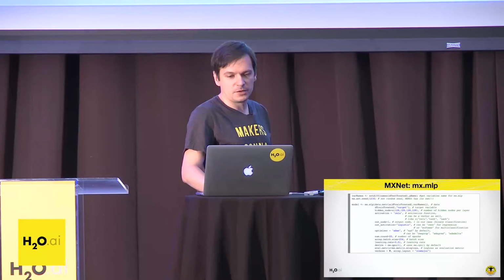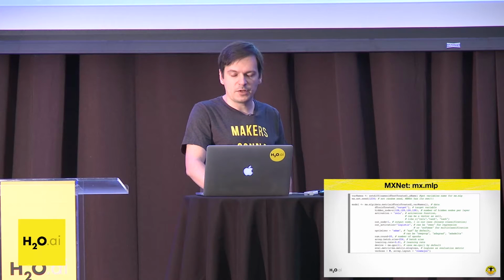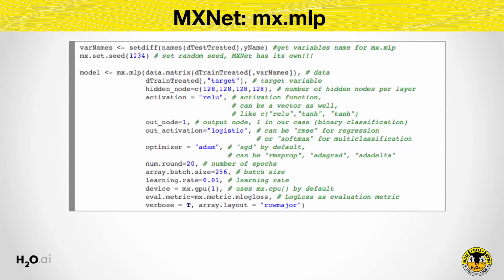In case of binary classification, you're using just logistic. If it's regression, you can use RMSE, and softmax is available out of the box. You can define the optimizer, and MXNet has plenty of them. Basically, all the new optimizers can be used, and vanilla SGD as well. So it's up to you. You can pass how many epochs you're going to train your model for, the batch size, learning rate, and all this usual stuff.